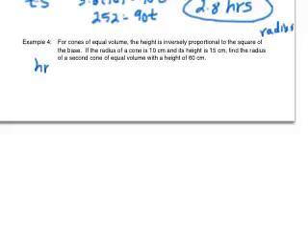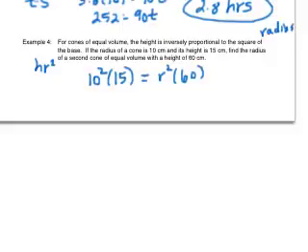So there we go. And it says if the radius of a cone is 10 centimeters, so we can square that, and its height is 15, find the radius, r squared, for the height of 60. Well, okay, so let's multiply.